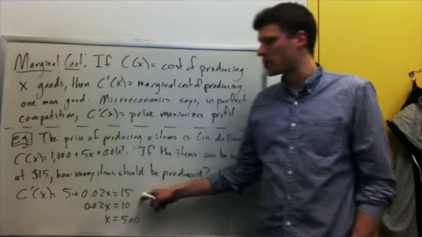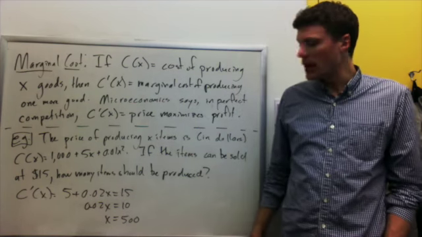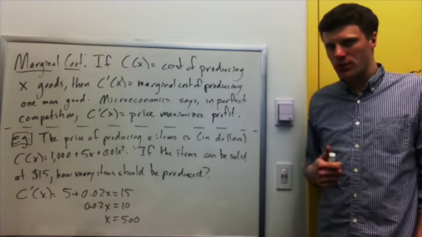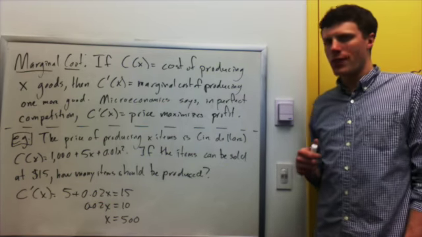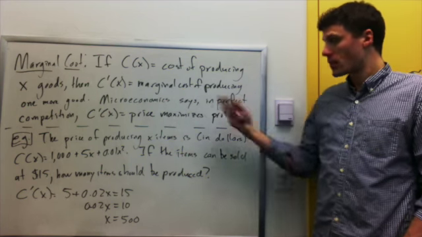So we solve for x: subtract 5 from both sides, divide both sides by 0.02, and we get x equal to 500. So this company should produce 500 goods if it wants to maximize the profit that it gets by producing these goods.